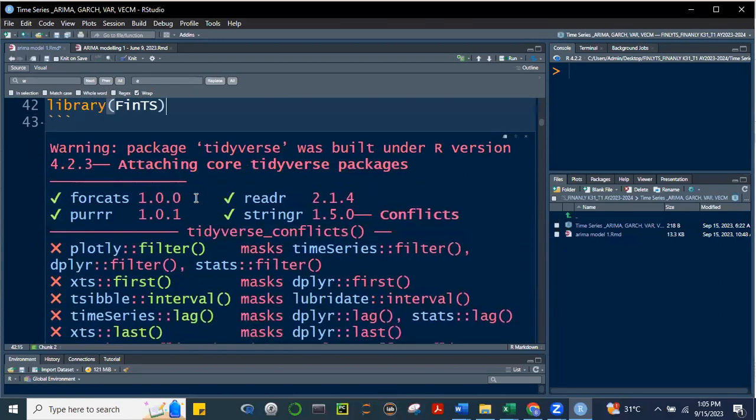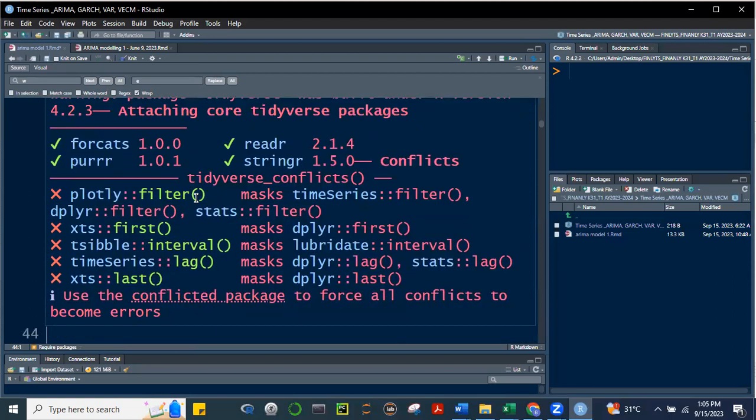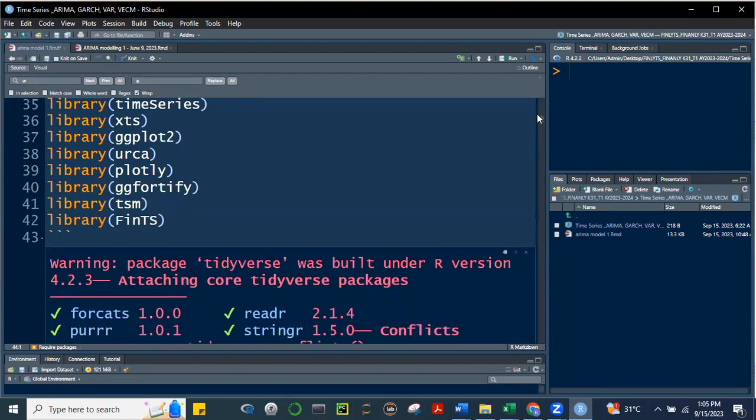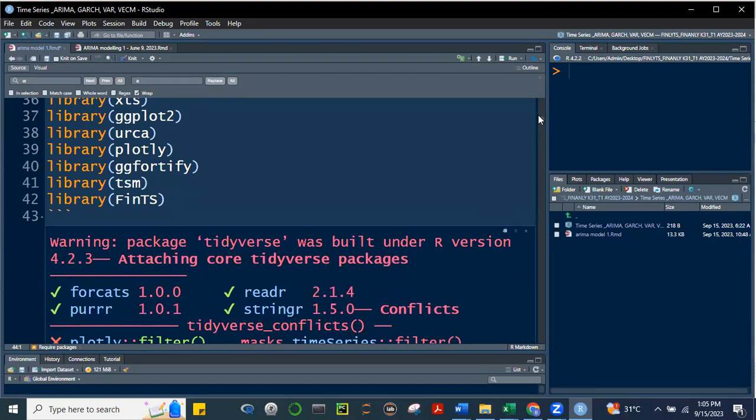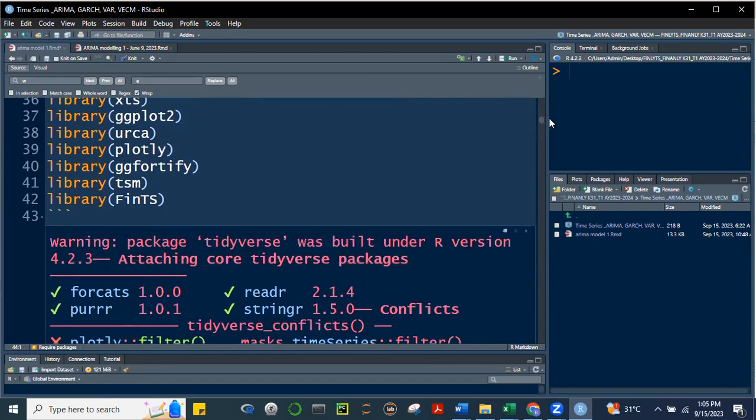All right, usually you'll get messages like this. It simply means that when you load a particular package, sometimes other packages are loaded also with it. So for example, when you loaded the tidyverse, okay, tidyverse, did I put tidyverse here?